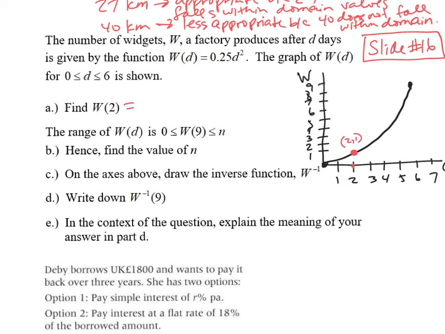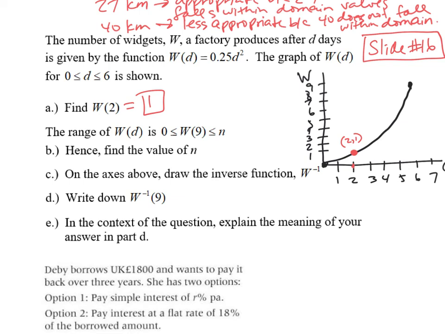So W of 2 is equal to 1, okay? Then it goes on to say that the range of W of D is from 0 to n, so hence find the value of n. Again, on your graph, you're going to be able to read this very well.